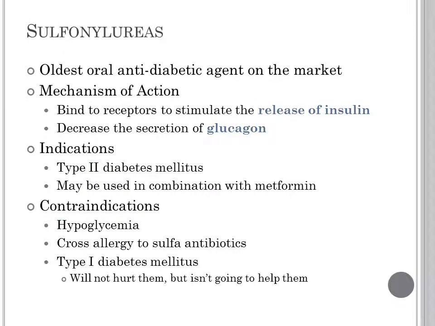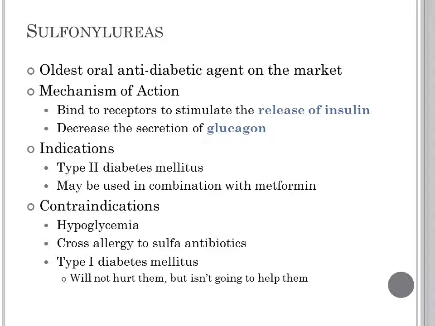Moving on to the next group of medications, which are the sulfonylureas. Now this is the oldest oral anti-diabetic agent on the market, but it's not necessarily first choice. It'll typically be used in addition to metformin, but it's certainly one of those in-addition-to medications. The reason why it can be used with metformin is because it acts by a different mechanism of action.